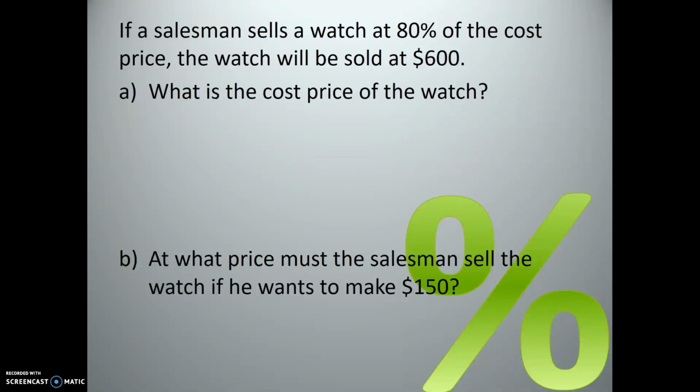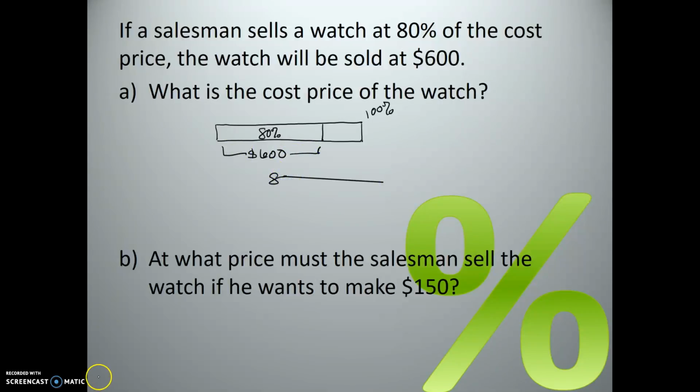All right. So if a salesman sells a watch at 80% of the cost price, the watch will be sold at $600. What is the cost price of the watch? So let's assume that our cost price is 100%, and 80% is the selling price, which equals $600.